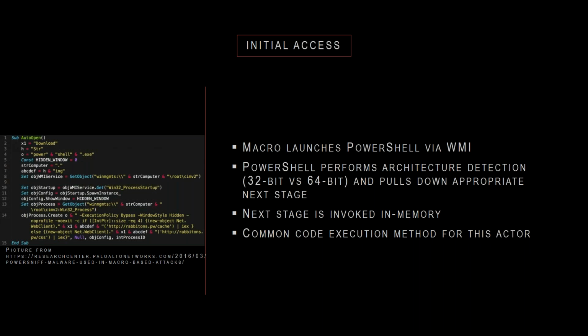Now there is a much more direct way of doing that with a function called shell in the Visual Basic for Applications, which is the language that macros are written in. But these actors did not do that. They used this roundabout method to call it through WMI. And the reason they did that is when you call it through WMI, your Word document will then be making a remote method call to a different process, and then there will actually be a different process which launches that command.